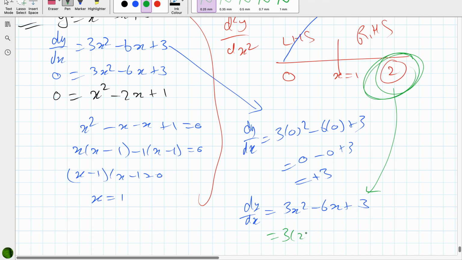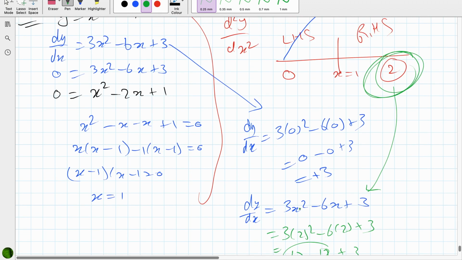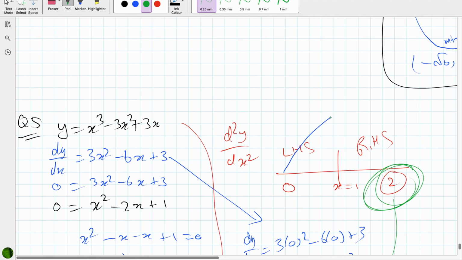You can choose any point, make sure you keep it simple. So 2 squared is 4, 3 times 4 is 12, minus 12 plus 3. This is 0 plus 3. So the gradient on both sides is the same. So this is proof that it is a point of inflection.